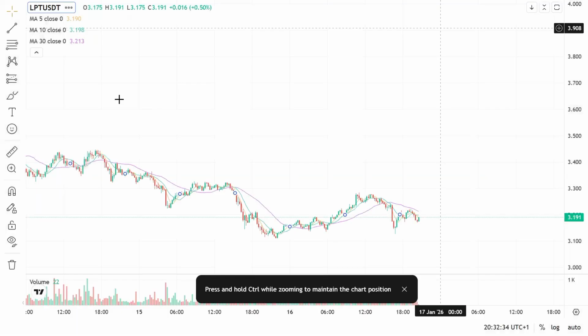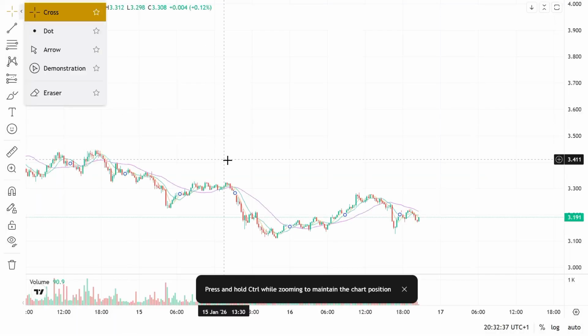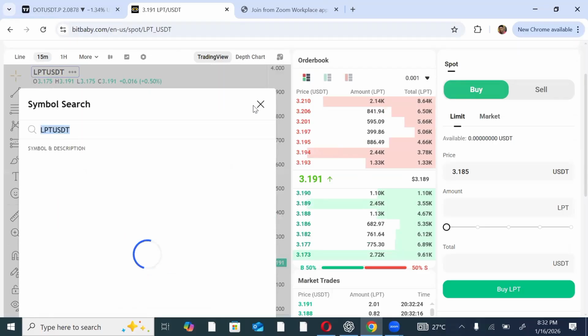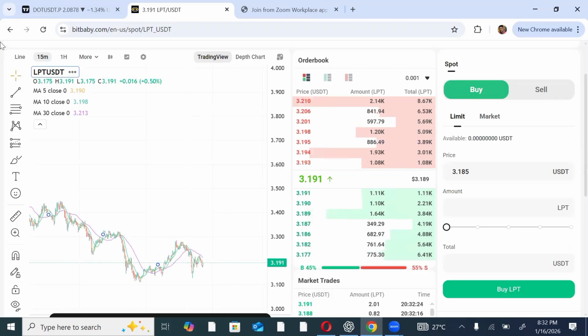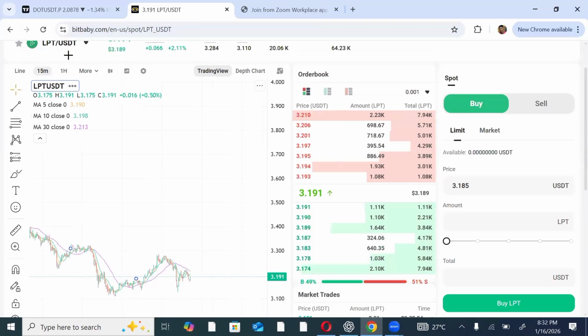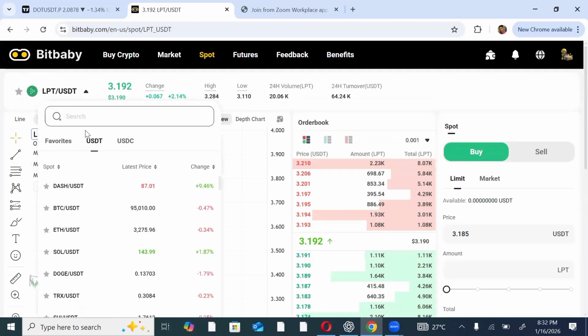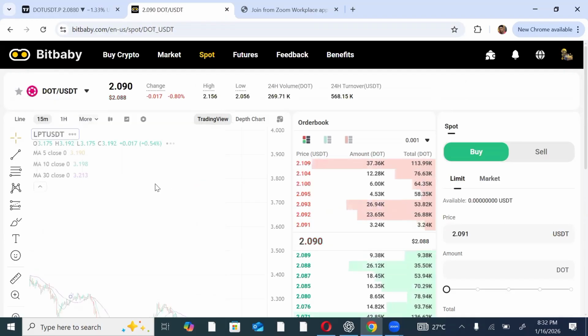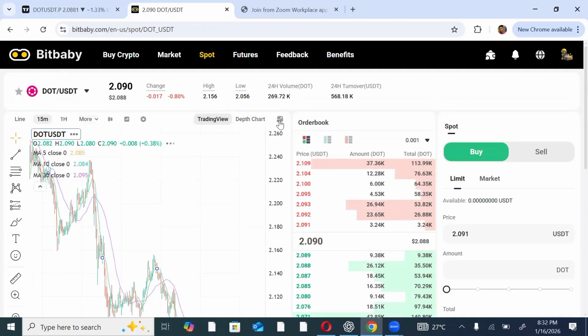So you can as well use your TradingView to do your analysis. Let me show you what I'm saying, guys. Let me choose another pair now. I want to say DOT. Yes, DOT USDT.